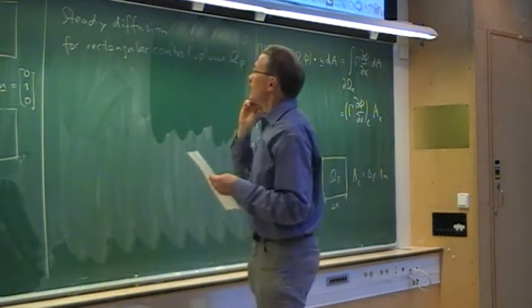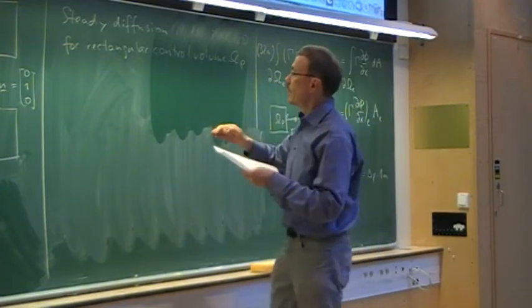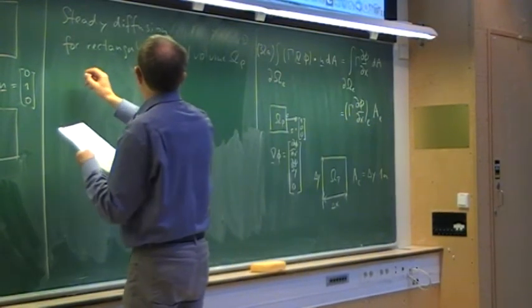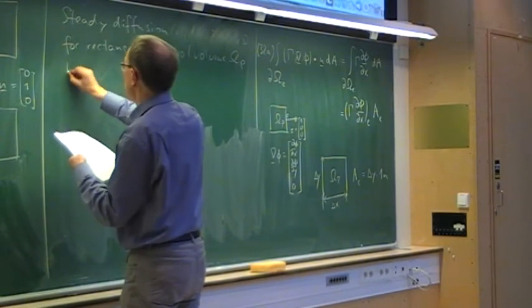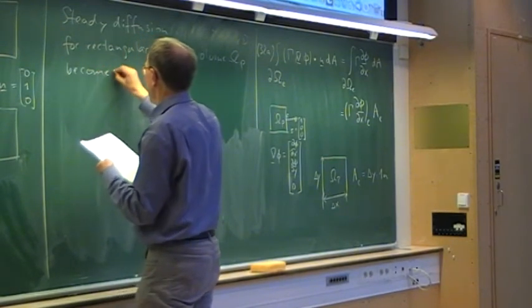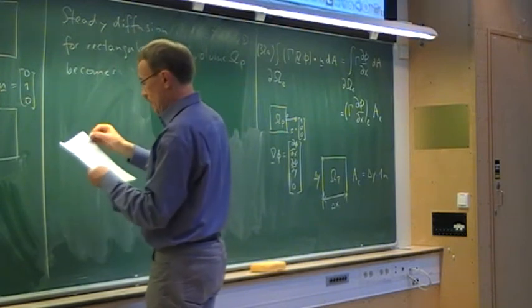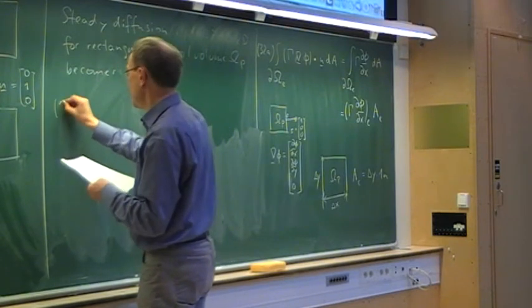Well, rectangular cross-section is meant there. For a rectangular control volume omega p it becomes the following. That is then equation 33.